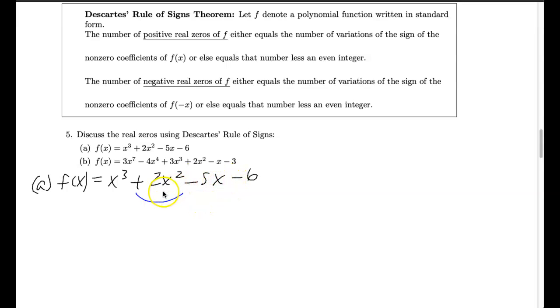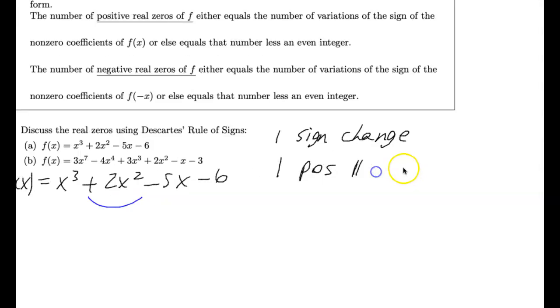Negative to negative does not count as a sign change. So we have one sign change. So that means we have one positive real zero.